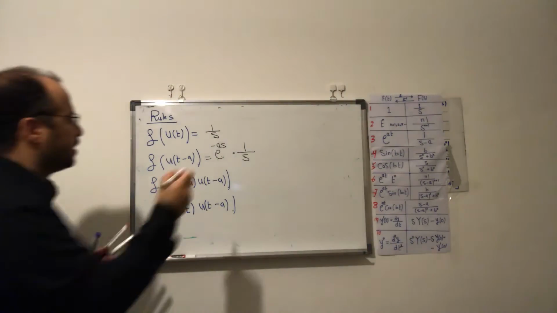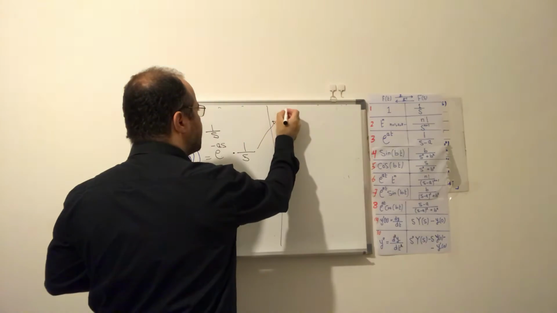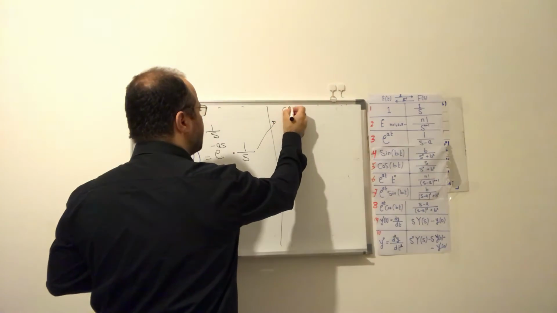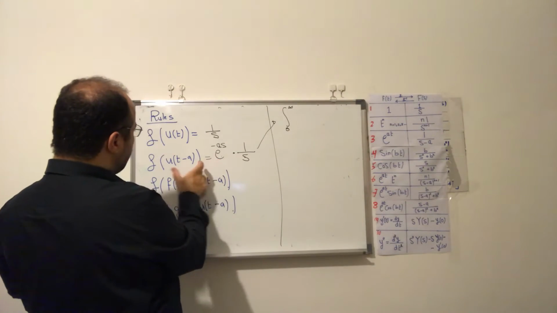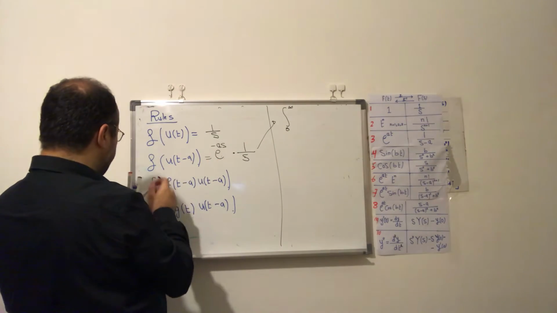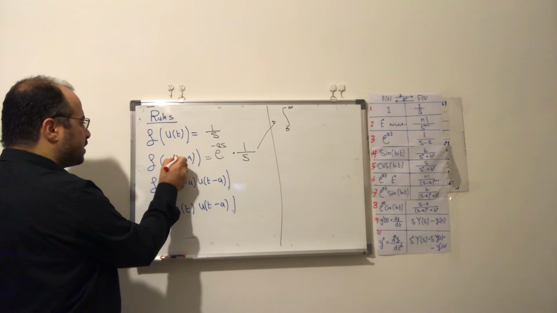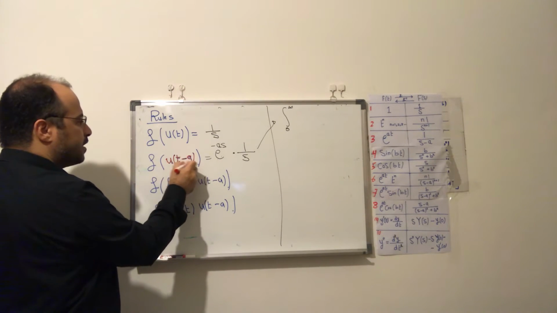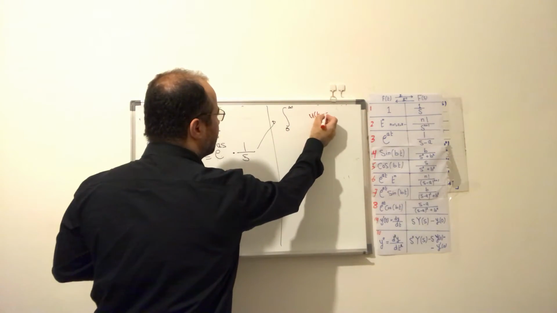So if you go by definition, how did you get this? It is the integral from 0 up to infinity, right? And whenever you do a Laplace transform for anything, if you remember, we were putting this in red here, yeah? So you take that thing, u of t minus a, right?